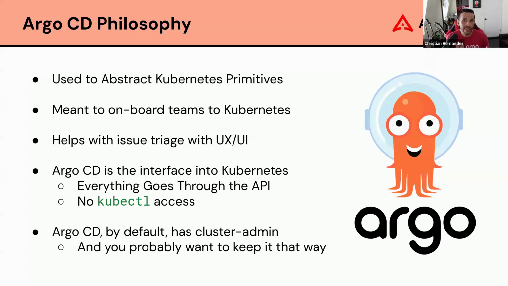Without them knowing, that's kind of what they built with Argo CD. And again, it's meant to onboard teams to Kubernetes, right? Let's abstract away all these things like what's a service and how it relates to a deployment, what's an ingress and how it relates to a service, what's a replica set, a replication controller.